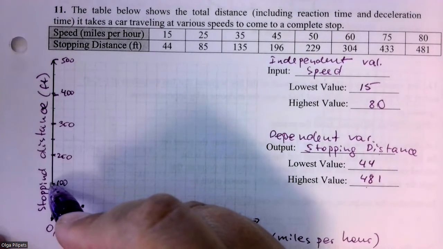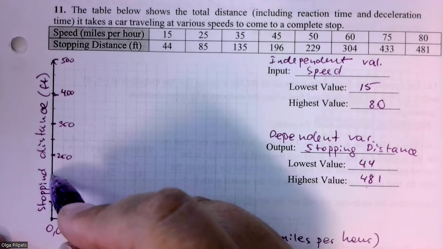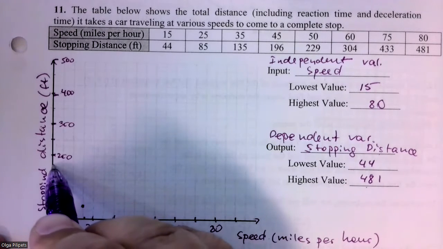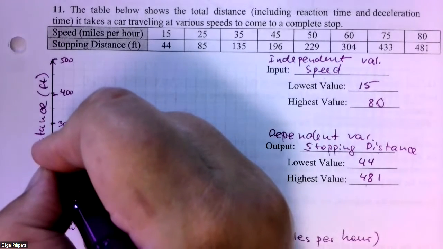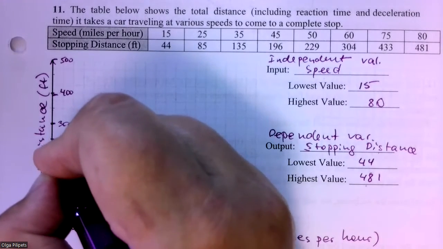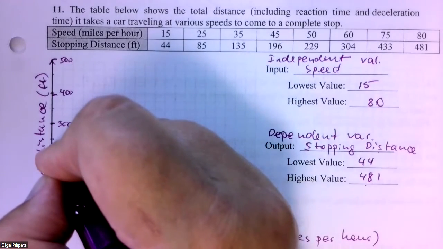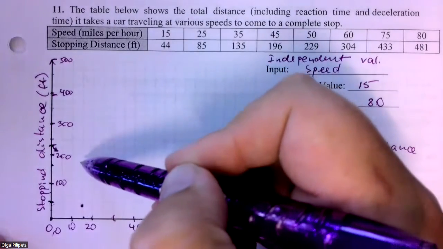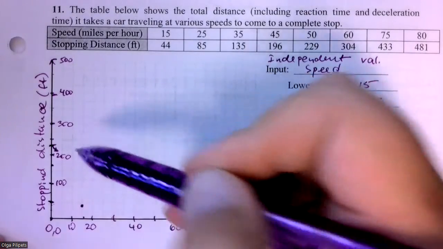50, 100, you know, I think I messed up here because this is going to be 150. So 200 should be right here. This is 200. Okay, now it's kind of hard to see.